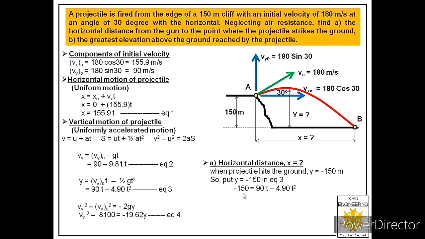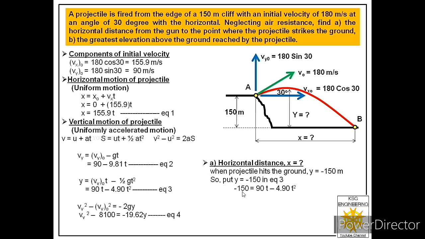So this is a quadratic equation. So A over here is minus 4.90, B is 90, C is 150. So we'll use the formula of quadratic equation, that is minus b plus minus square root of b square minus 4ac, divided by 2a to get the value of t.